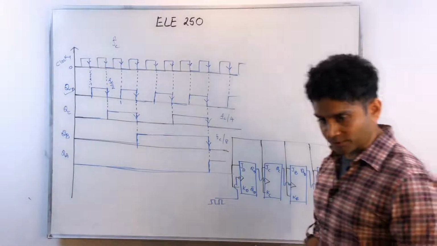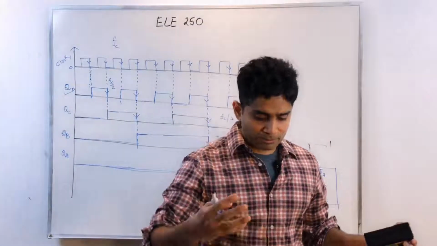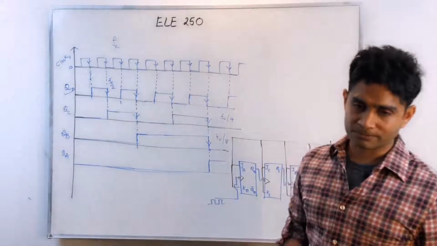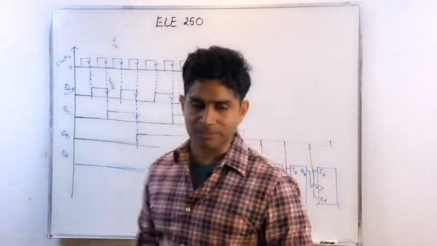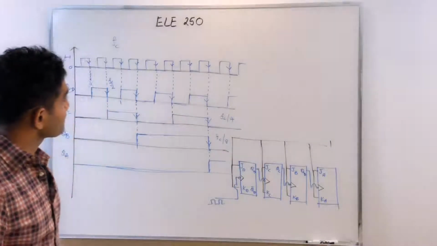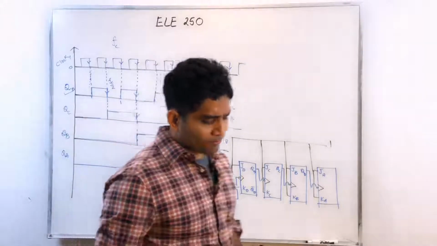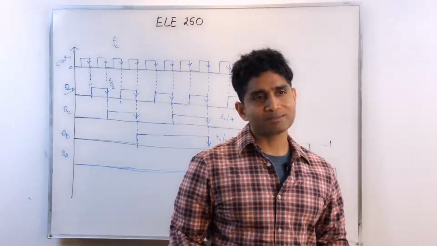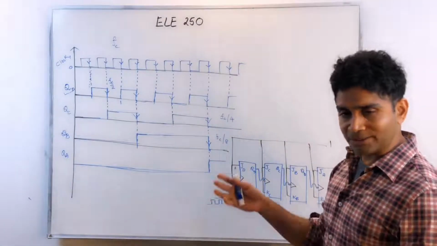Now in your computers, your clock speeds are in the gigahertz range. The latest computers that you're working with, the clock speeds are in the gigahertz range. And how many flip-flops like these do you need so that you can actually divide the frequencies?